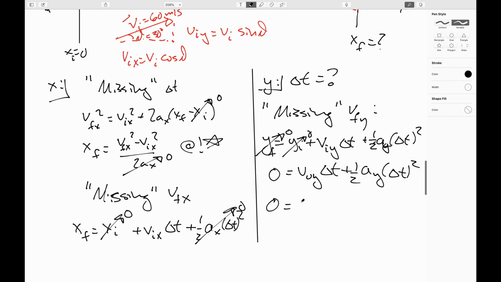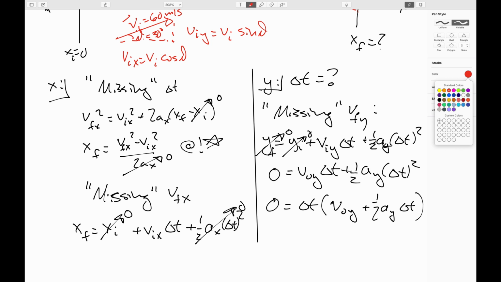So we get that 0 equals delta T times the quantity V initial Y plus 1/2 A Y delta T. And we remember from our algebra classes that this will be 0 one of two ways. Either the thing I did in red is 0, or the thing I did in purple is 0.